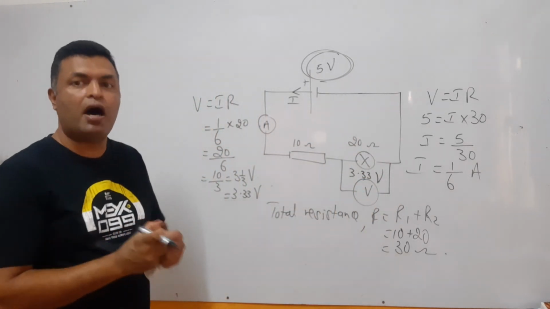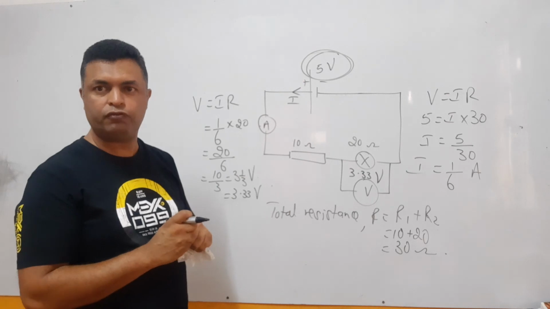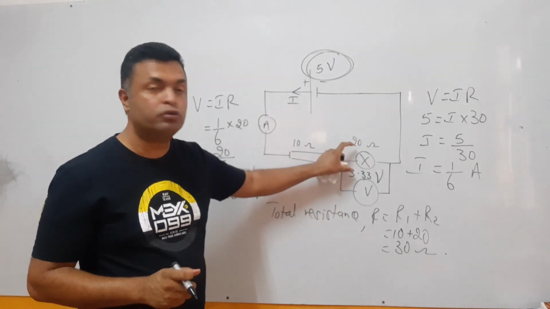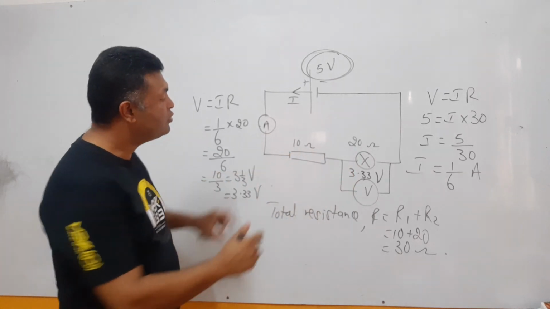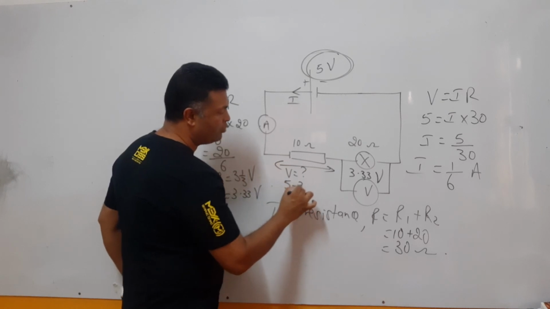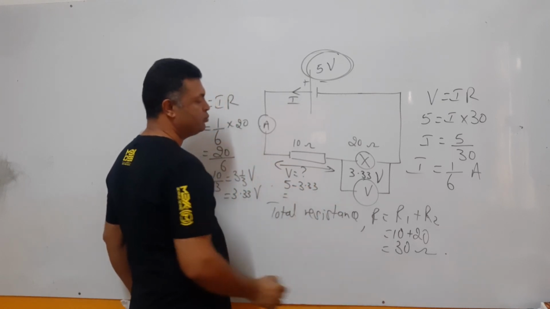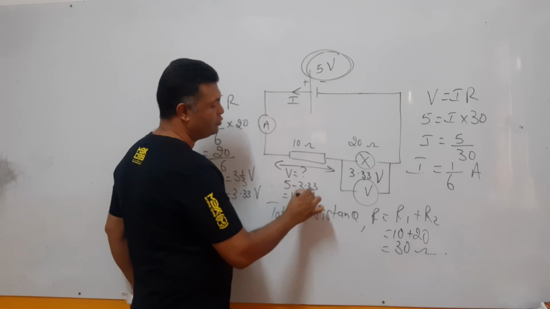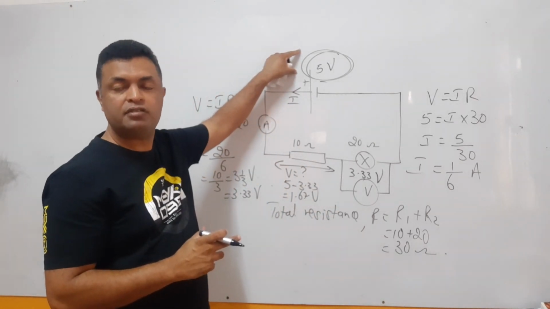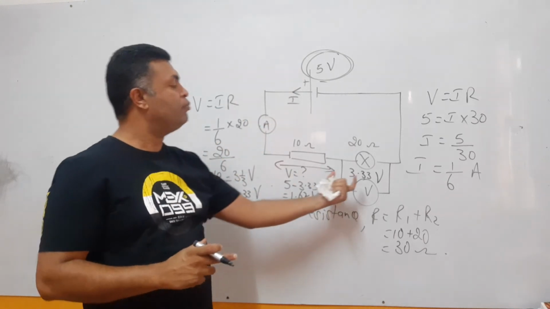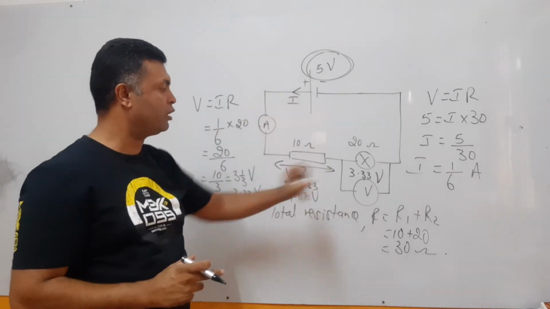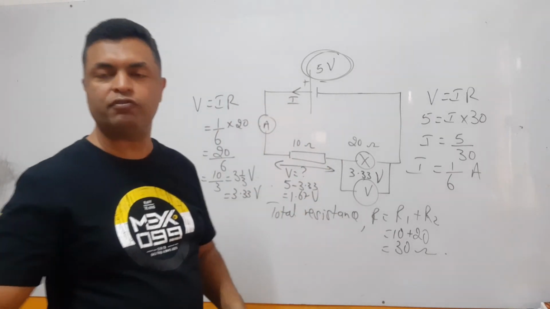So out of 5 volt that you have from the cell, I'm using 3.33 volt across the bulb. So what is the voltage here? What is V here? It's simply 5 minus 3.33. This gives me 1.67 volt. Because the total should give me 5, because the cell is 5 volt. So if I'm using 3.33 here, the remaining will be here. I take 5, subtract the voltage here, and I get 1.67 volt.